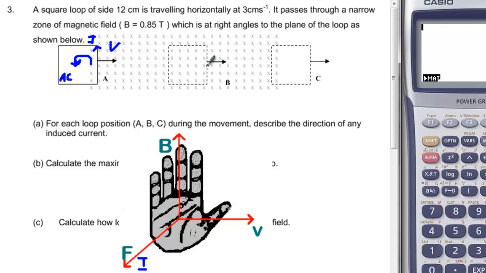For B, if we look at this section of the wire, again our thumb is pointing to the right, our fingers are into the page, and again we have an induced current here heading up in that direction. But when we look at this section of wire here, and we do our direction of our thumb, again we'll work out that that's also got an induced current in that direction.